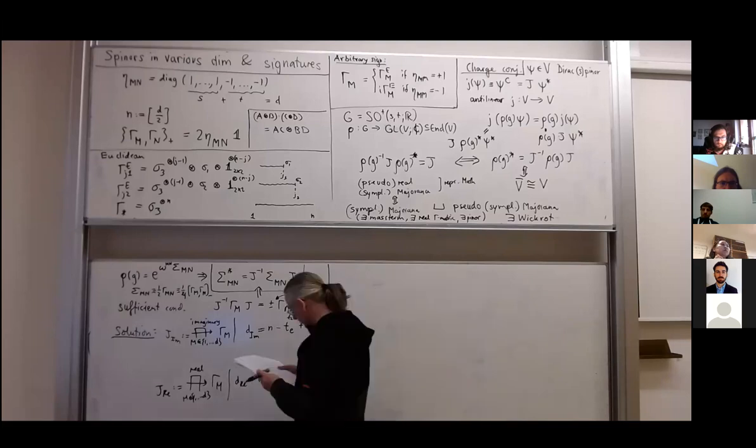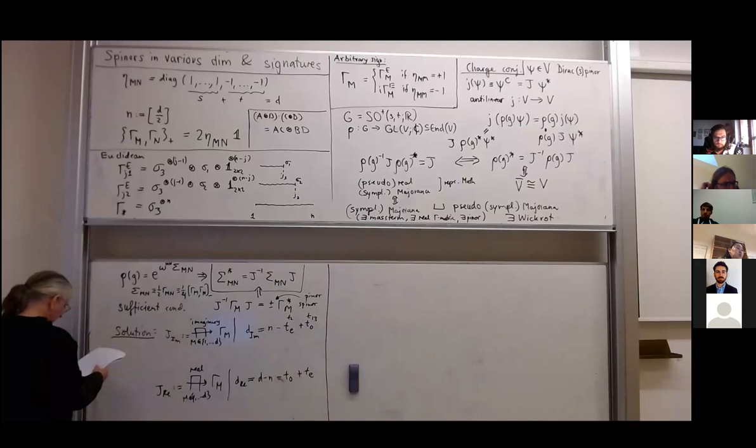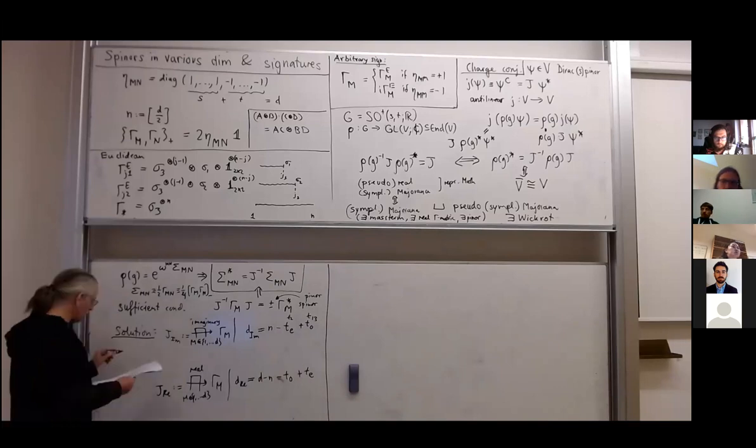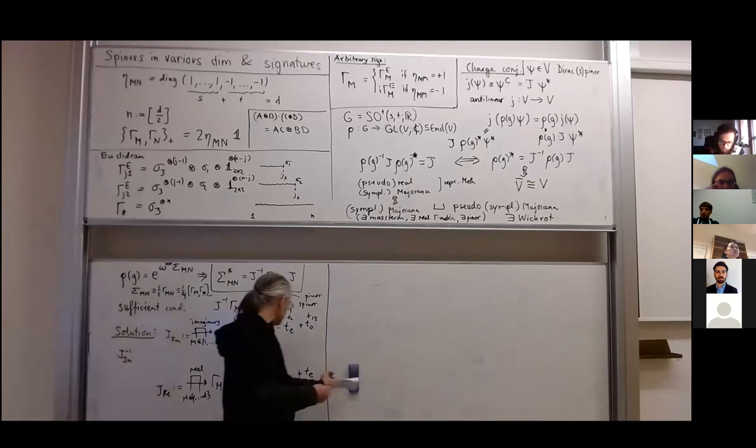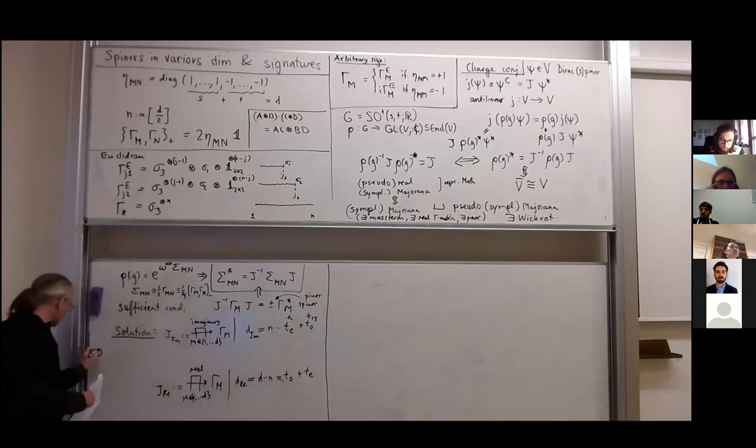So now we can try to calculate J im to the minus first, and then I have gamma m and J im, like this.